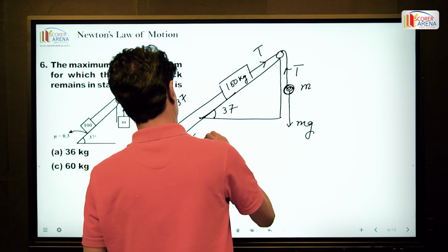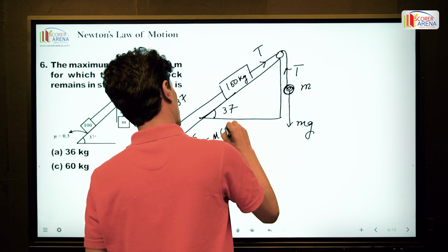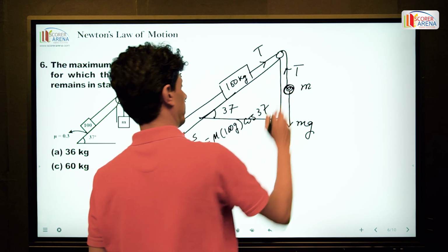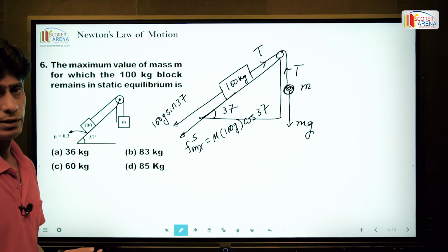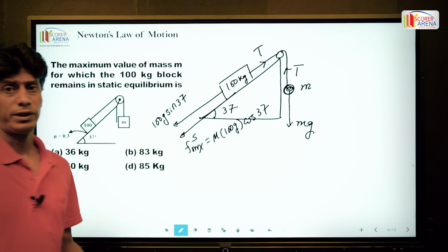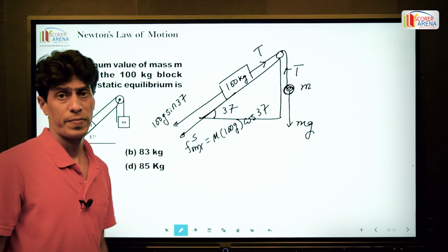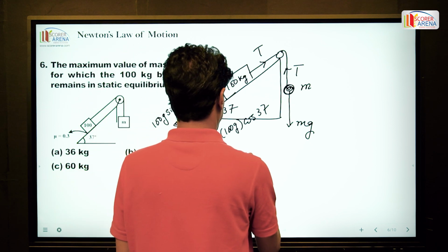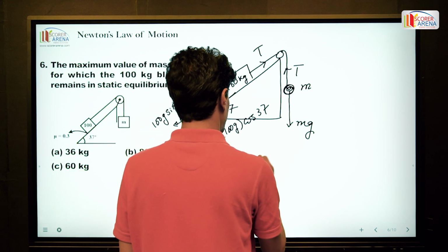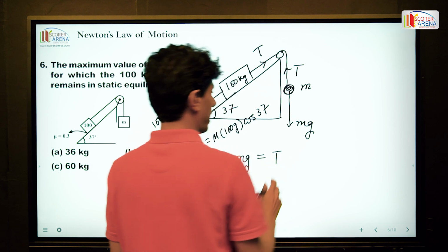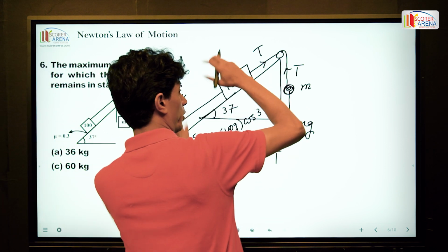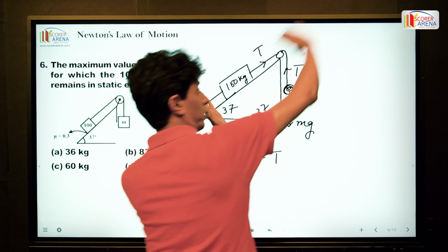Maximum static friction is equal to mu 100 g cos 37. Since the two-body system is in equilibrium, mg is equal to tension T, and similarly tension T acts on the body placed on the inclined plane.